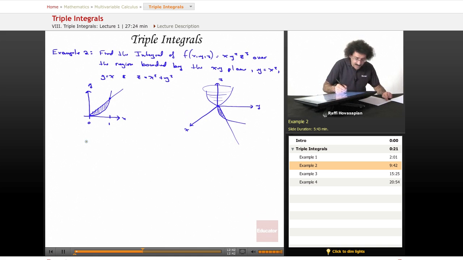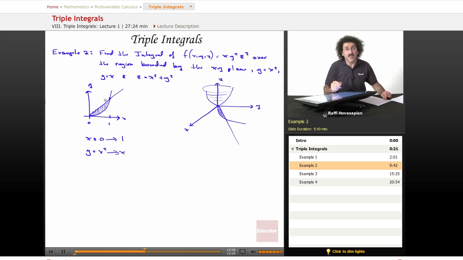So let's go ahead and see what x and y and z are. And again, it's always good to write them out specifically. So x, it's going to go from 0 to 1. Y is going to go from x squared to x, right? The x squared is the lower function.